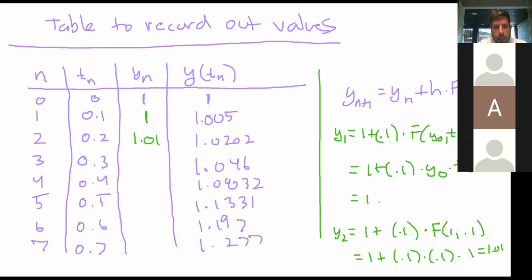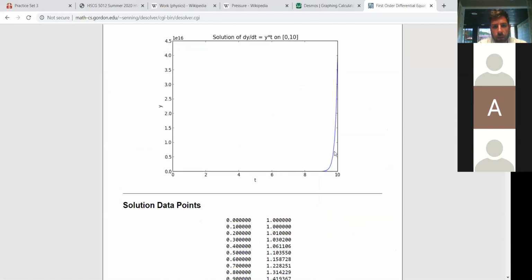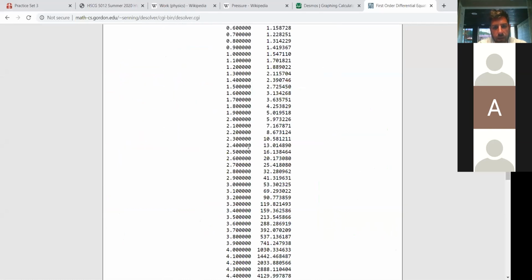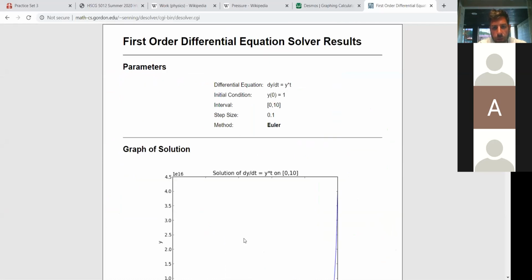And again, I would highly encourage that you check things out. Here's one. It's an Euler method, and it spits out the data. You'll see it spits out the numbers we found: 1, 1, 1.01, 1.030. So it'll do it for you. Does anybody have a question about this?